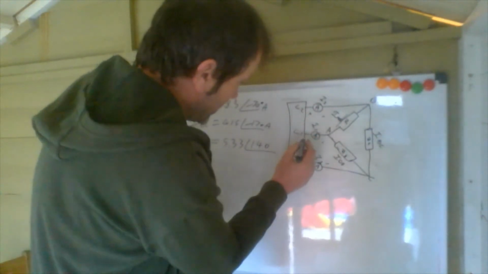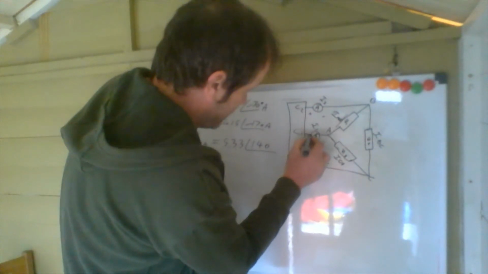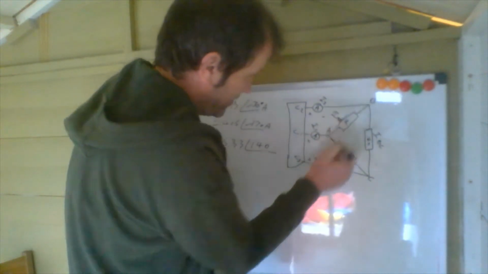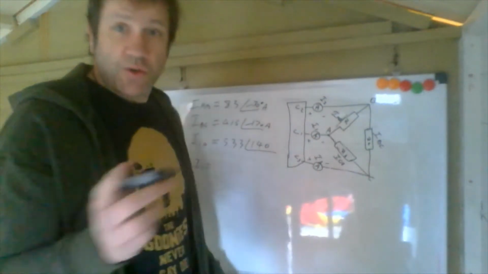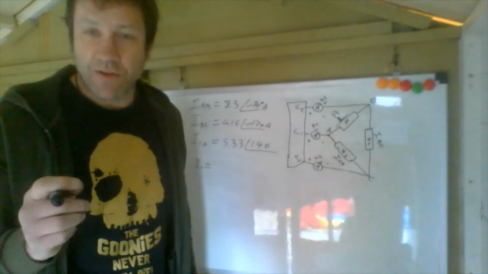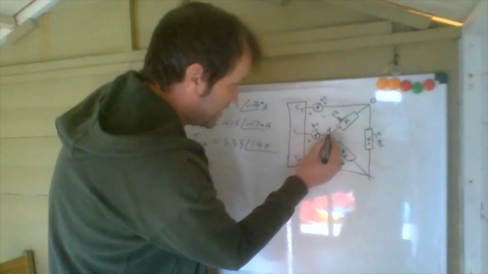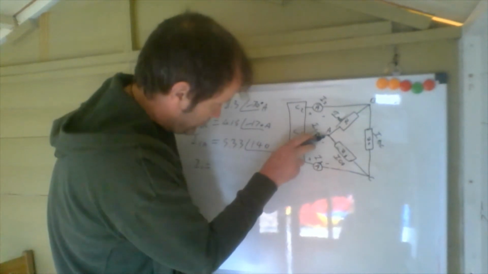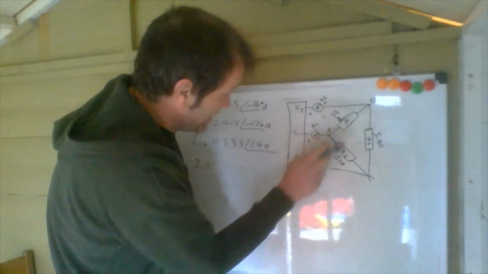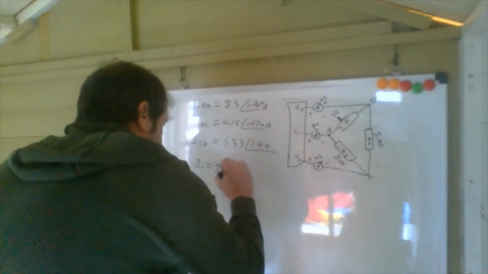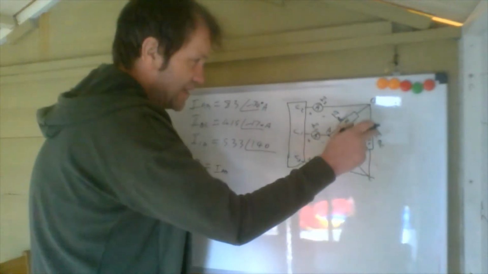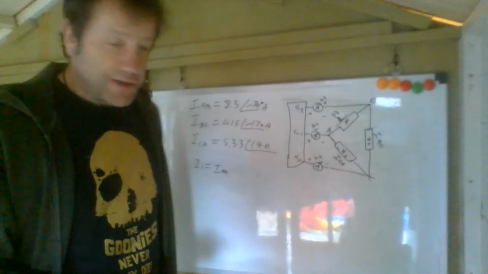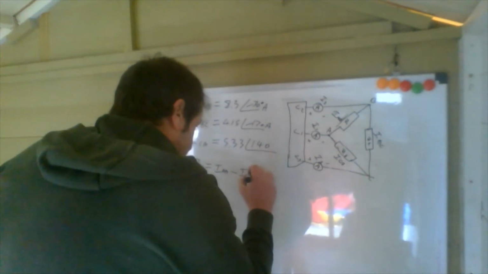Here, for I1, IAB is coming up this way, and we have to apply Kirchhoff's current law. We will look at each node individually. At this node you would have IAB going from left to right, and at this point you've got ICA coming in the opposite direction, so that's going to get subtracted from that.